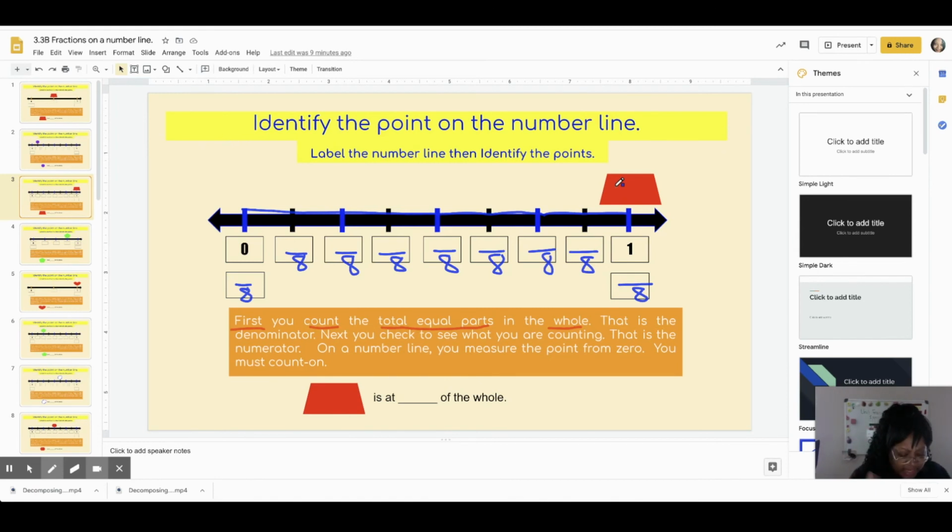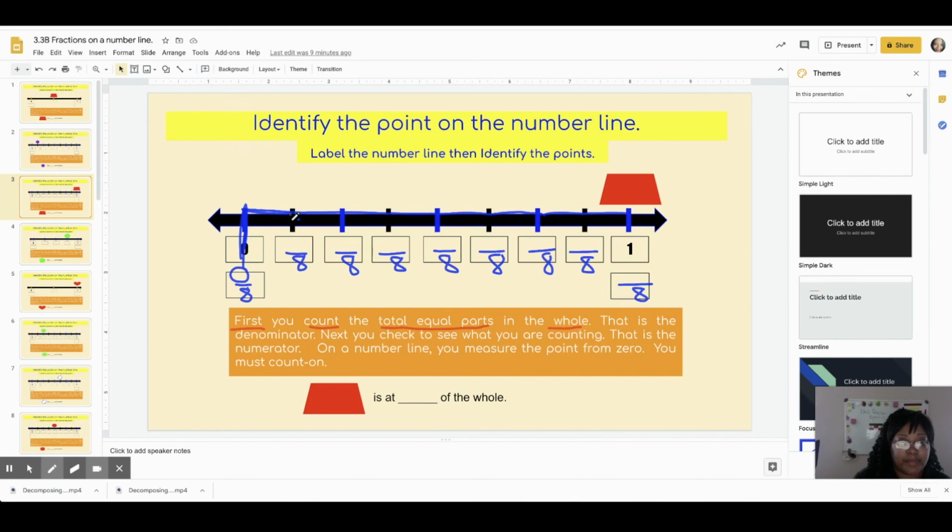And if I cut the pizza in 8 parts and I have all 8 parts, that means I have the whole thing. So, what number am I going to put here? Hopefully you just said 0 because we haven't gone anywhere. There's no equal parts right here. This is 0. Very good.